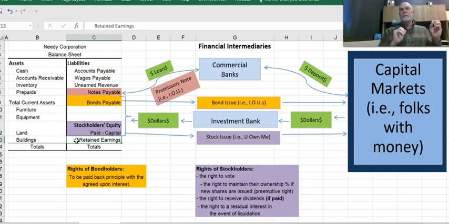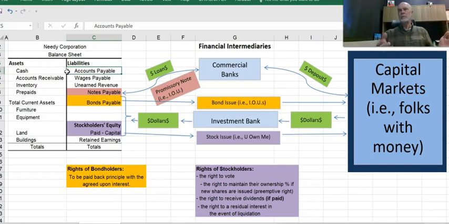Even if you've decided not to borrow any money, you can't help but have certain liabilities that just pop up in day-to-day operations. For example, if you buy something from another company and they send you a bill, you now owe them something.